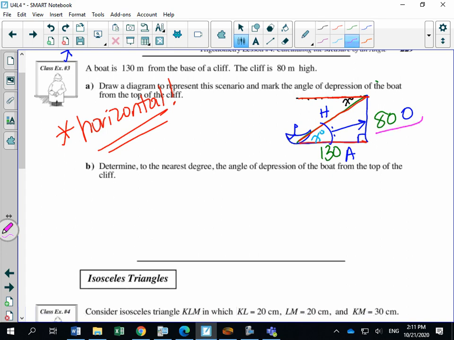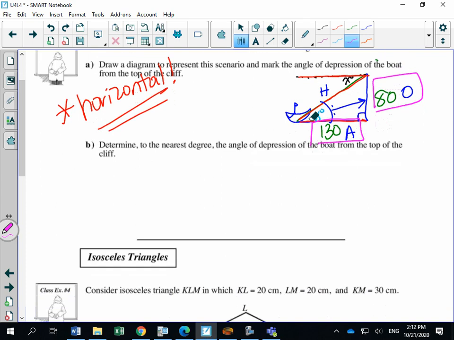You would have to box in your opposite and your adjacent sides. And then O and A, which trig ratio? Not sine. Sine is O and H. Which one? Tan. So the tan of angle X is equal to O over A, which is 80 over 130.